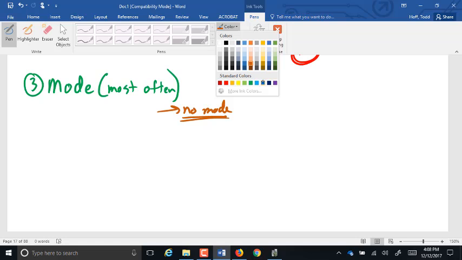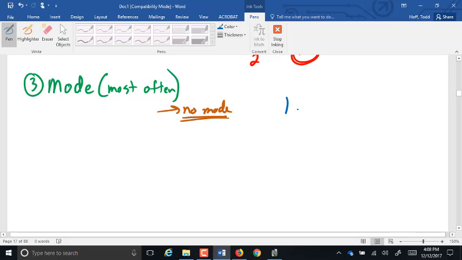Other textbooks have really elaborate formulas of the square root of n, whatever is how many modes you can have. For this class, there's 1 or none. So if it isn't just a single number that's the mode, then there is no mode. If there's 2 different numbers that are repeated twice, that would be no mode for our purpose.